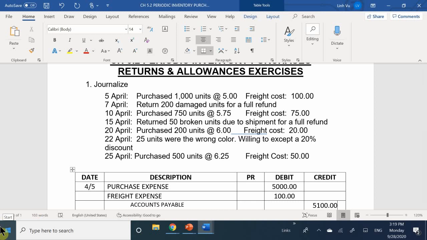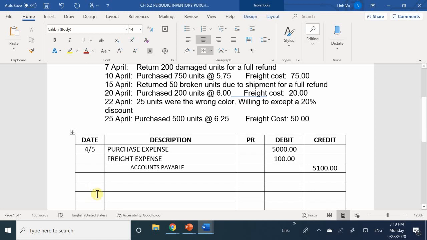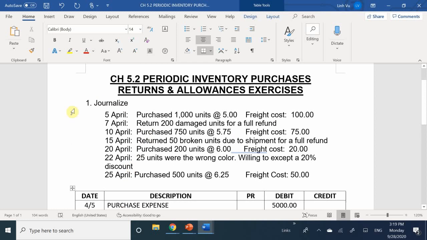What happened? We returned 200 damaged units for a full refund. Okay. So, April 7th. Okay, assuming that each transaction is going to be from the prior one. Because you're not going to return something that happened on the 15th on the 5th, right?